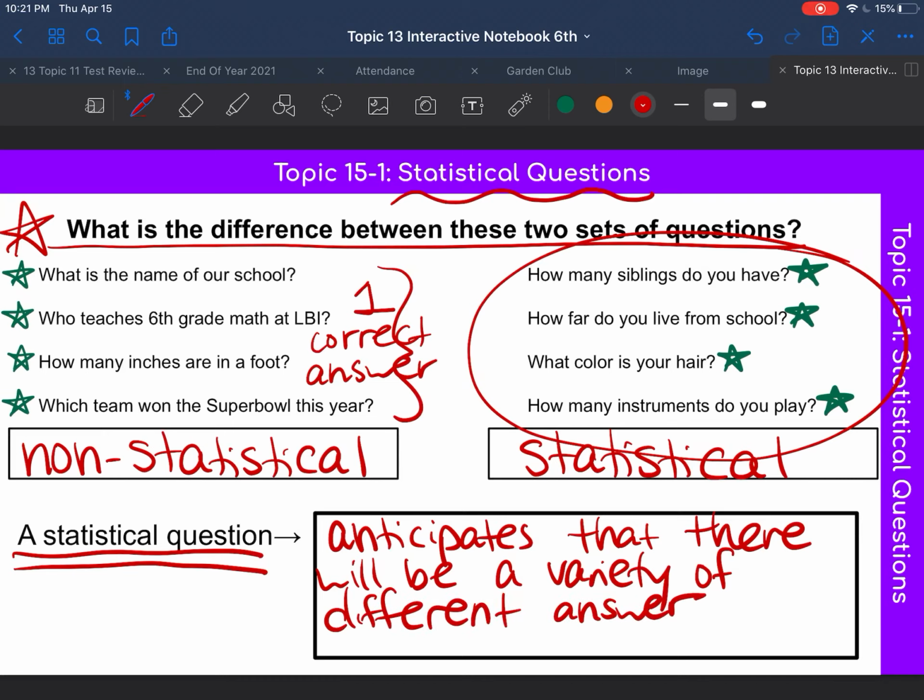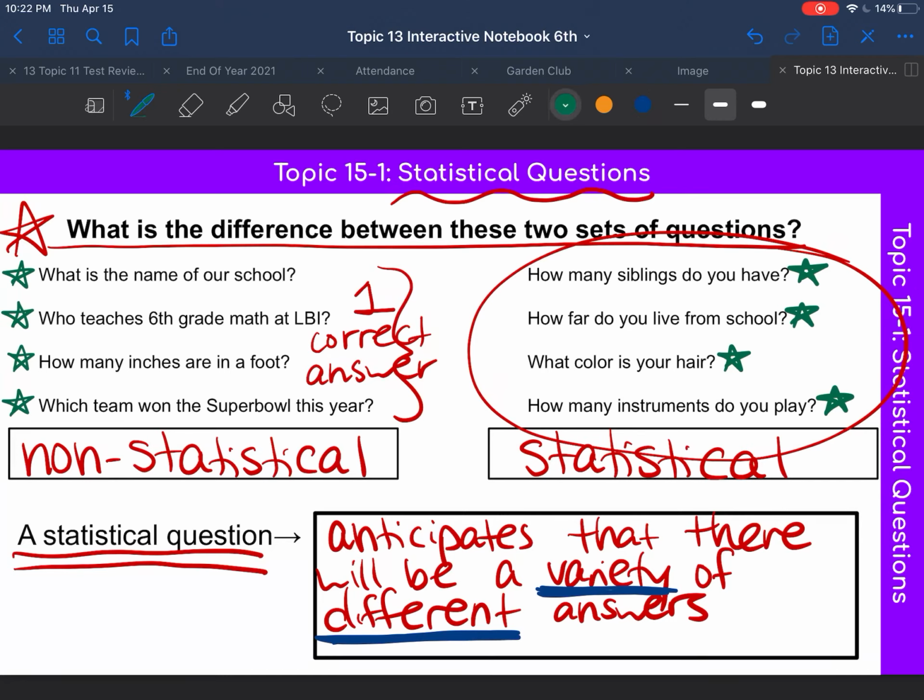And there are a lot of key words in this definition. Anticipates there'll be a variety. Variety means not just the same, and it's going to be kind of spread out. So variety, and then of different answers.